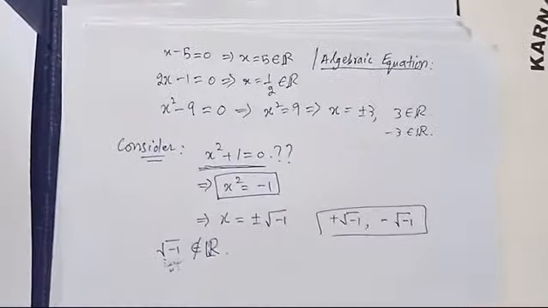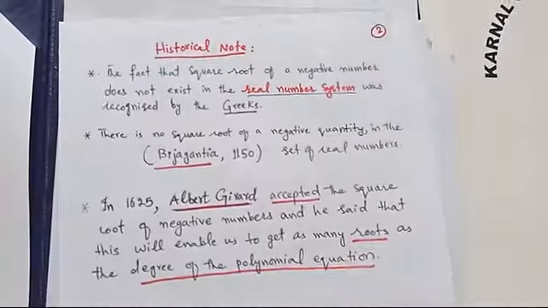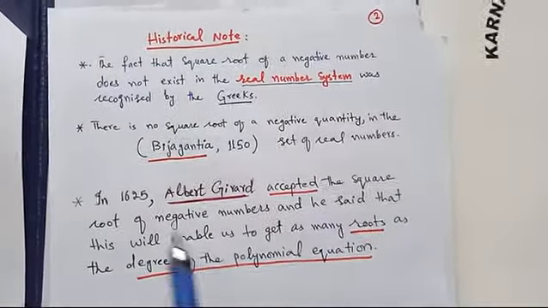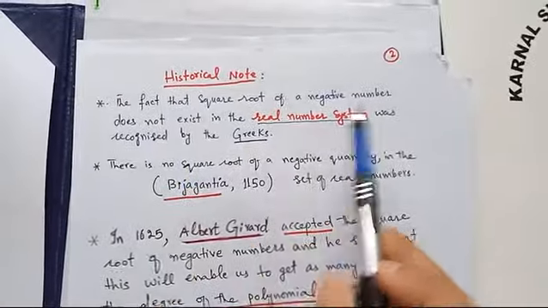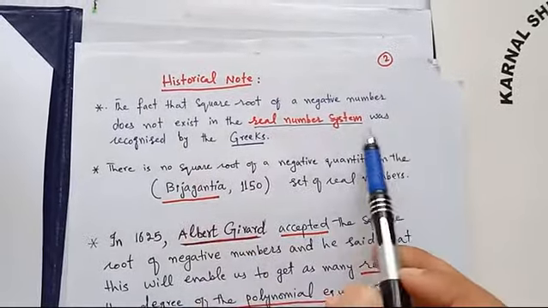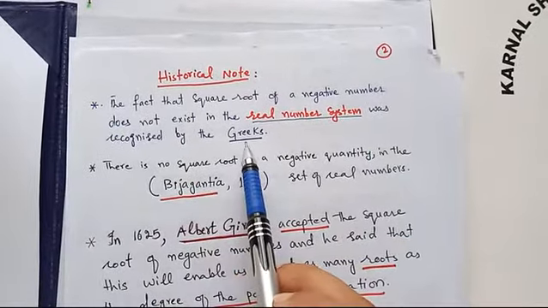Now for this question we will discuss some history. In fact, that the square root of a negative number does not exist in the real number system was recognized by the Greeks.